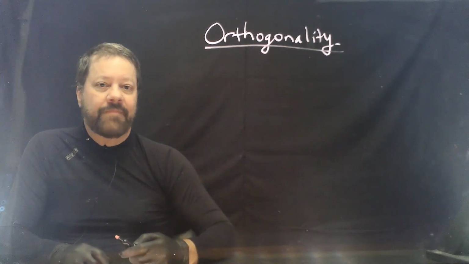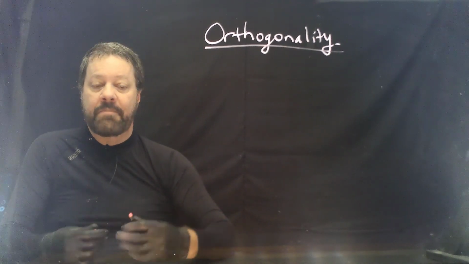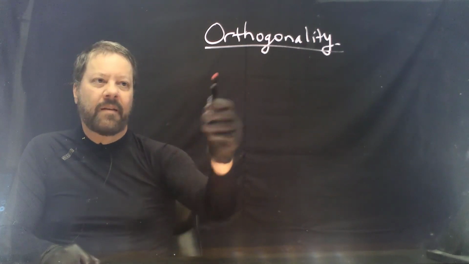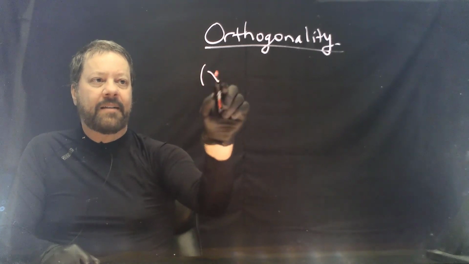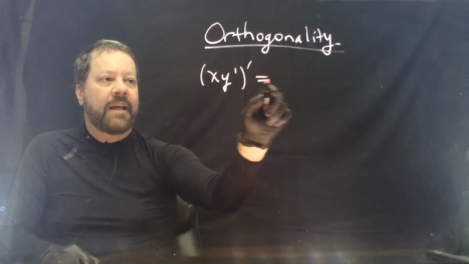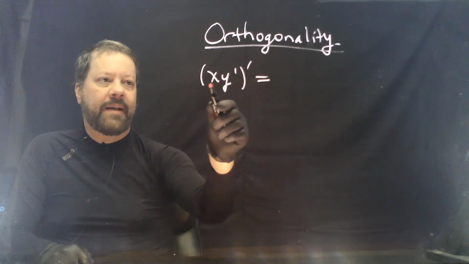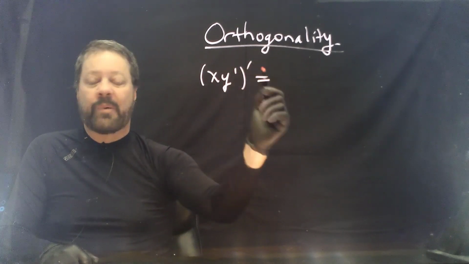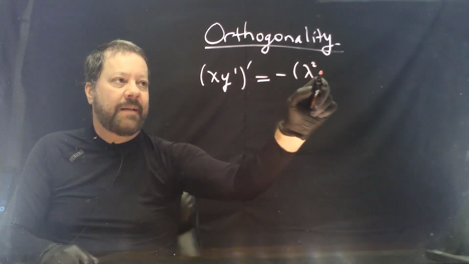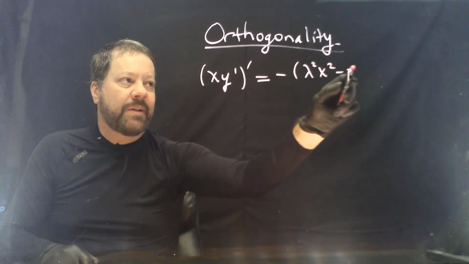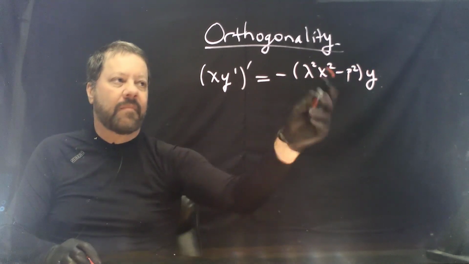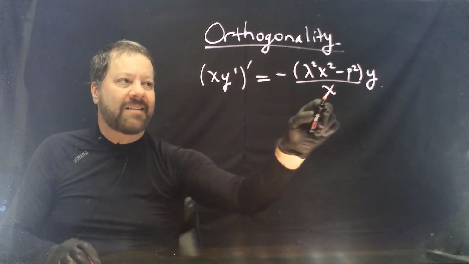In particular, the orthogonality of these various pieces of Bessel's J function. We'll begin by noting that Bessel's equation itself can be expressed in the following form: (x y')' = -(λ² x² - p²) y / x.